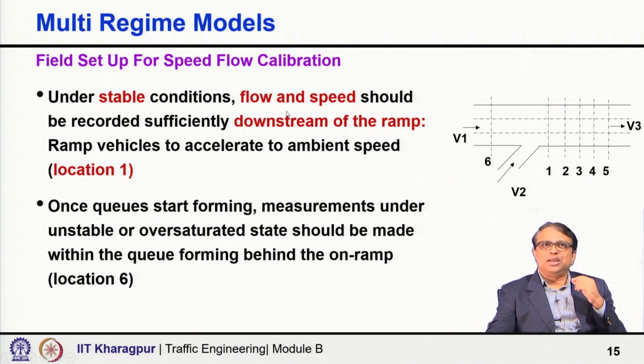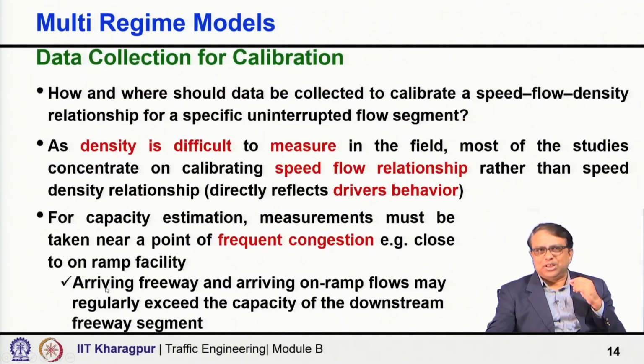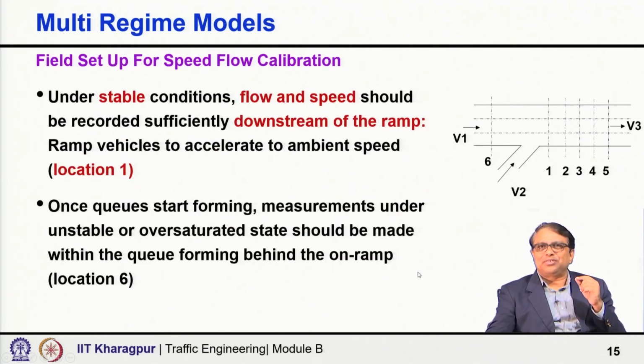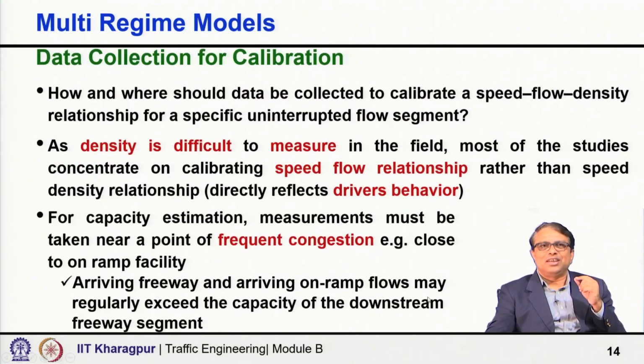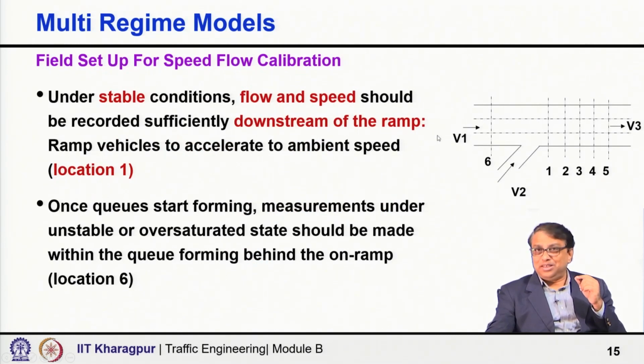So, under stable conditions, flow and speed should be recorded sufficiently downstream. Let me complete the earlier sentence once again: the arriving freeway flow and arriving on-ramp flow, V1 and V2 together, may regularly exceed the capacity of the downstream freeway segment. When they add up, the total flow may exceed the capacity of this downstream section.